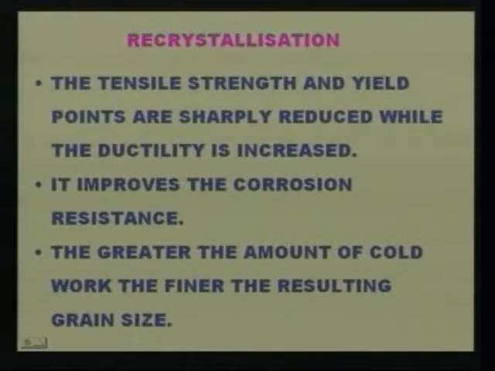Due to recrystallization, the tensile strength and yield points are sharply reduced while the ductility is increased. The next point is it improves the corrosion resistance. The greater the amount of cold work, the finer the resulting grain size.